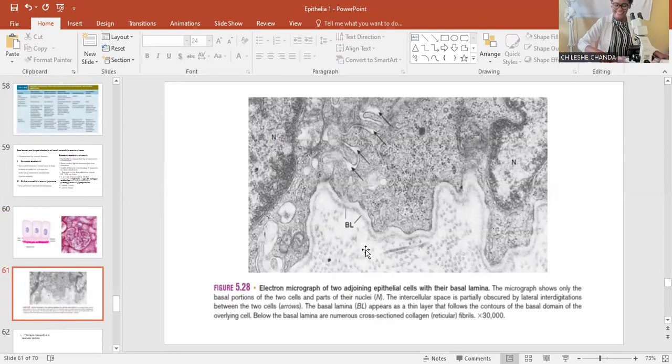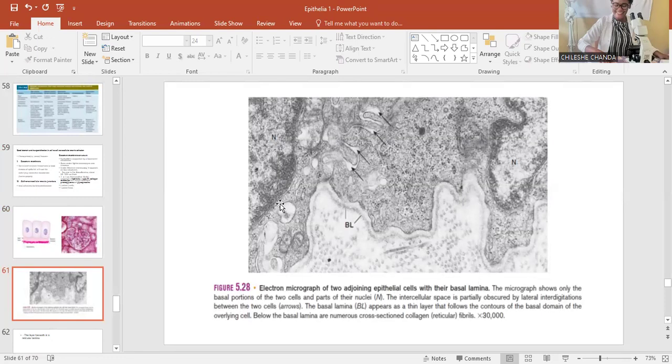This is just another micrograph, in fact, this should be an electron micrograph showing you the basal lamina, right there, the one that is looking white. And then under it, we have this one that is stained a bit grayish, which is the reticular lamina.